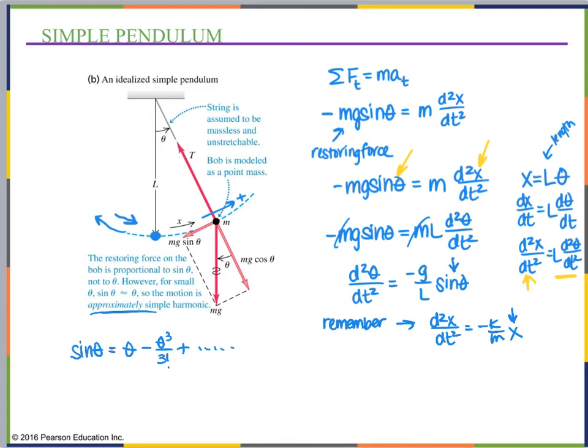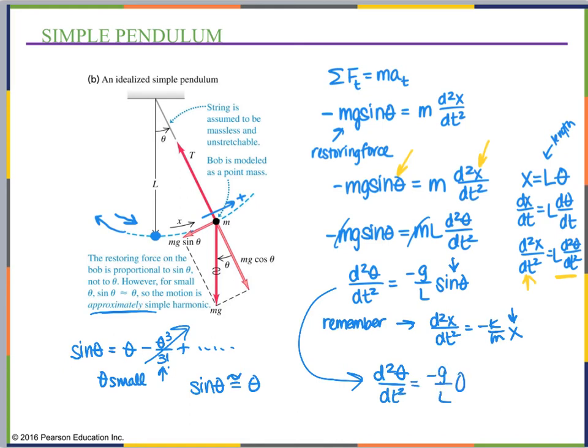And if theta is small, the higher powers of theta become really small because you're cubing it and taking it to the fifth, etc. So we can neglect everything else and just say that when our angle's small, we can approximate the sine of theta by theta, which would change our expression to, and now it has the form that we would expect.